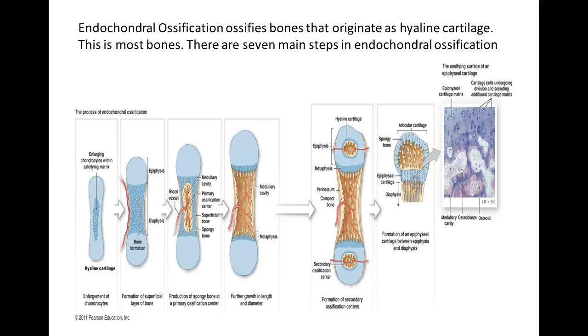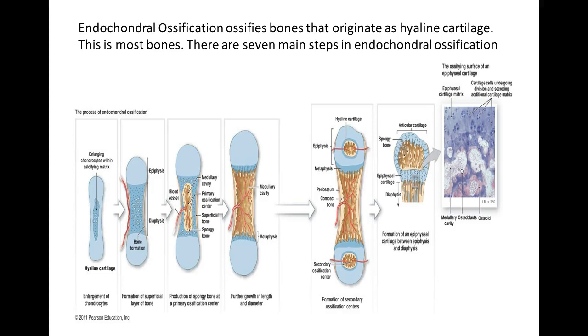So endochondral ossification. This is the most common type of bone formation in the body. What you have is several steps in endochondral ossification. You have a piece of hyaline cartilage. It's one of your more substantial cartilages, and it is formed in the shape of what the bone is going to be. So you have that on the far left here, just the bluish.